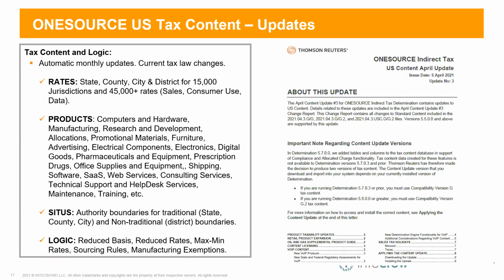So all of these idiosyncrasies for different states, for example, product taxability, such as shipping, is taxable in some states, it's not taxable in others. Software, in many cases, for example, if it's downloadable business software, it may be either exempt or taxed at a reduced rate, for example, like Connecticut, 1%. But all of this is updated, again, US, Canada, and the world, at a minimum, at a monthly level.